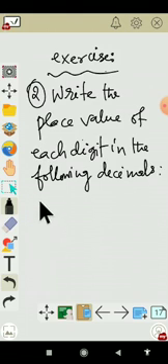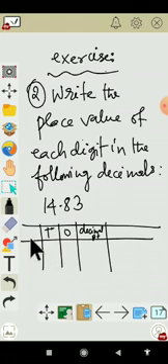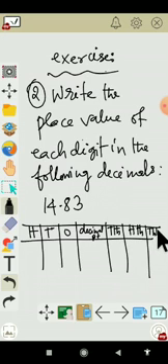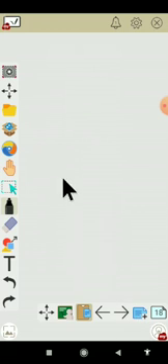Suppose 14.83 is there, so we first write down the decimal point, then ones, tens, hundreds, then tenths, hundredths, then thousandths. So write down the decimal point, then the numbers according to that: 4, 1, and so on. So all the numbers are now written in the place value chart in their decimal places.